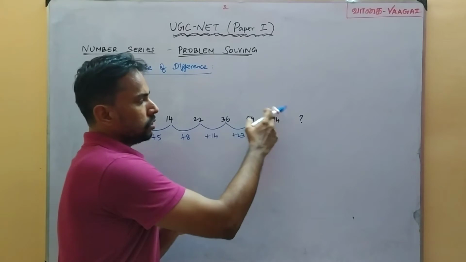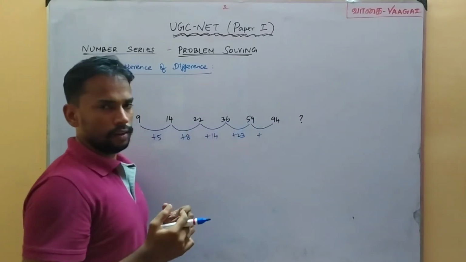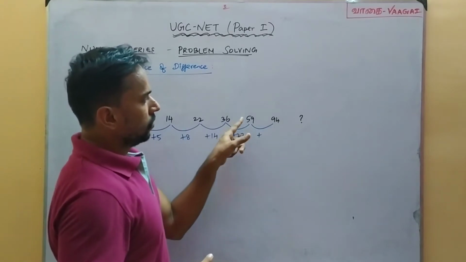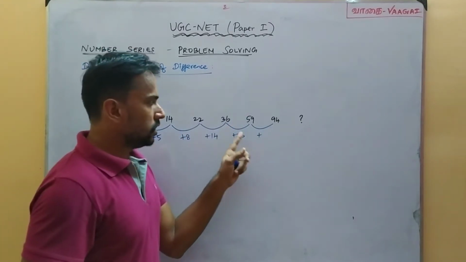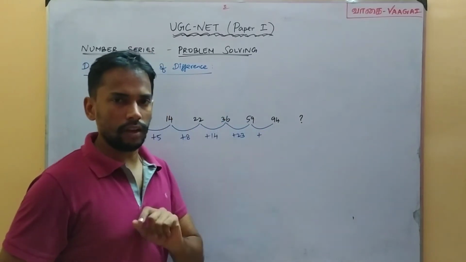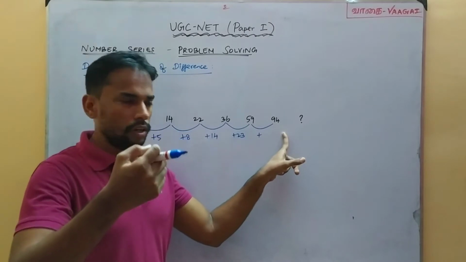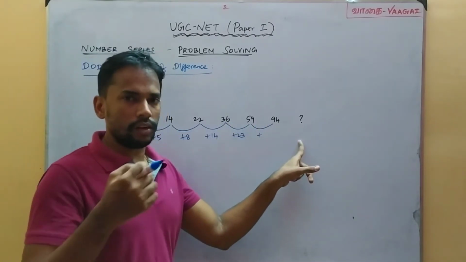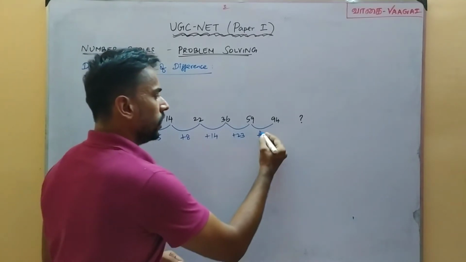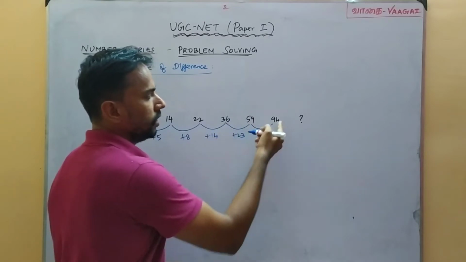We'll do it like this. 59 plus 1 will give us 60. And 60 to 94, we need to add 34. So overall we need to do plus 35 with 59, so that we will be getting 94.